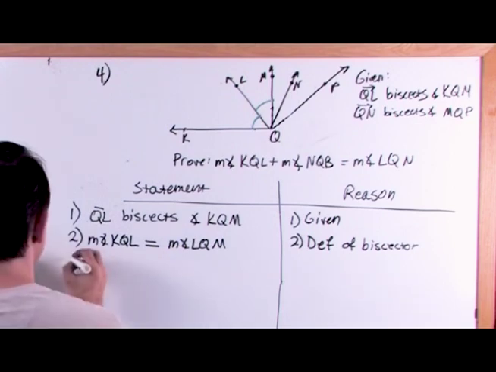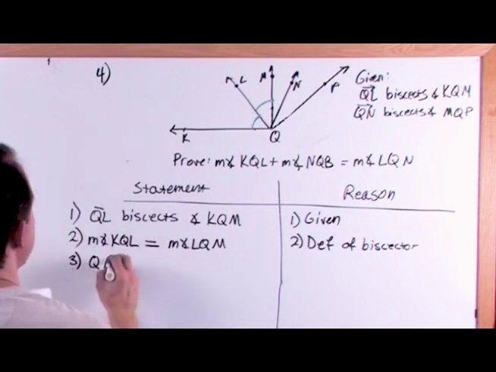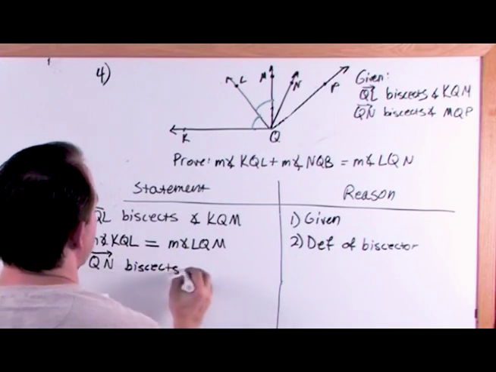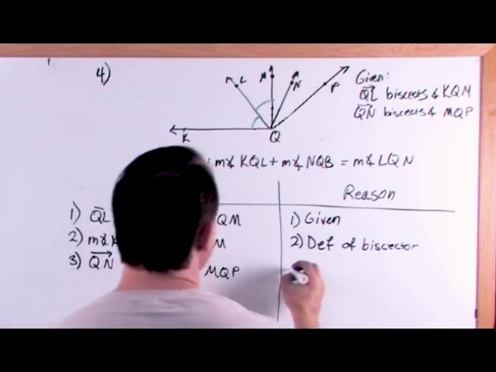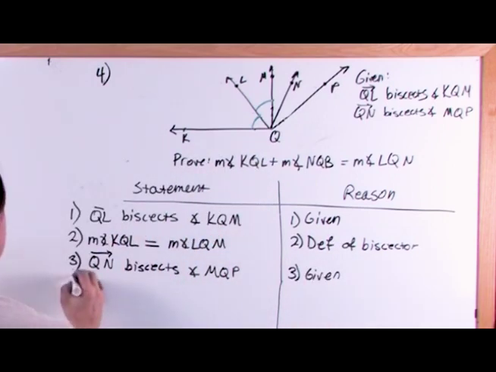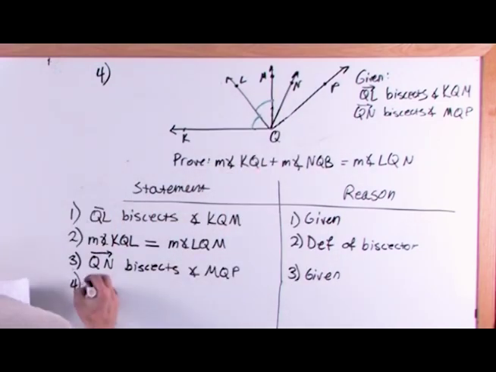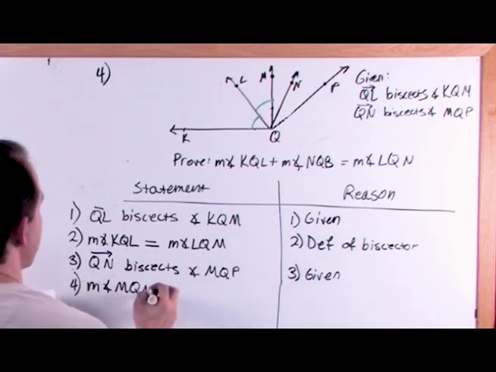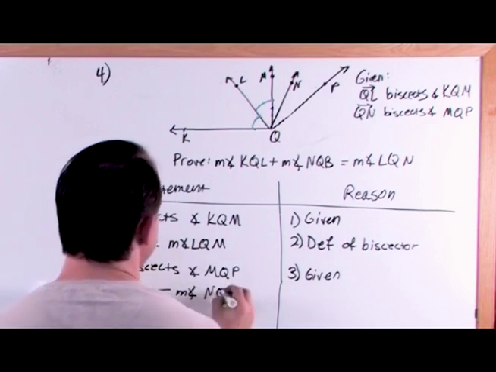Now let's go back up the truck a little bit to our other given, to our other bisector. QN bisects angle MQP. And that was given. So we just write that down, given. We want to work with both of our givens, and we're going to do the same thing here. We're going to say this splits those angles up there just because it's a bisector. So the measure of angle MQN must be equal to the measure of angle NQP.